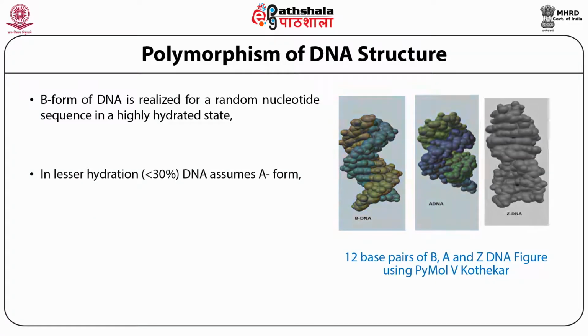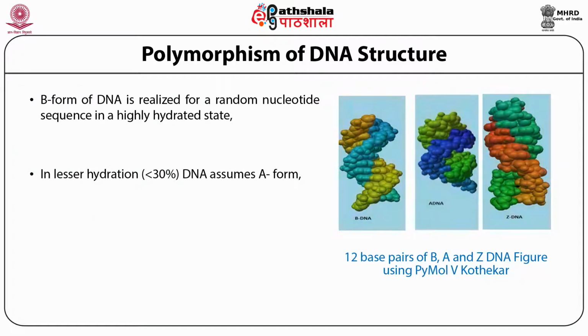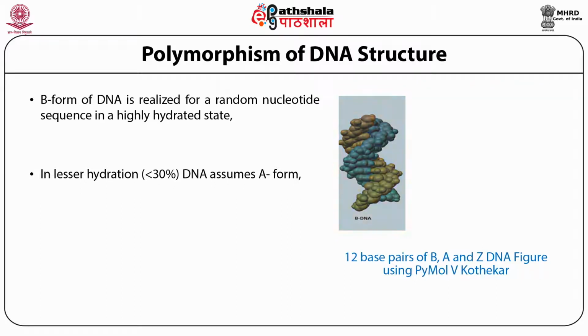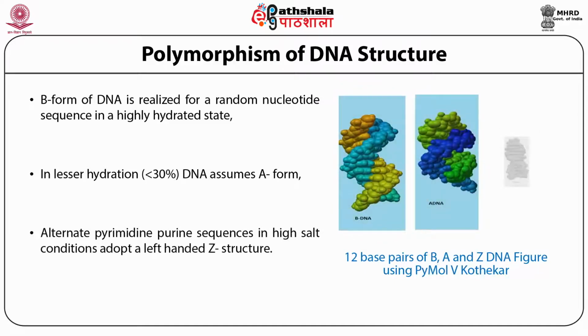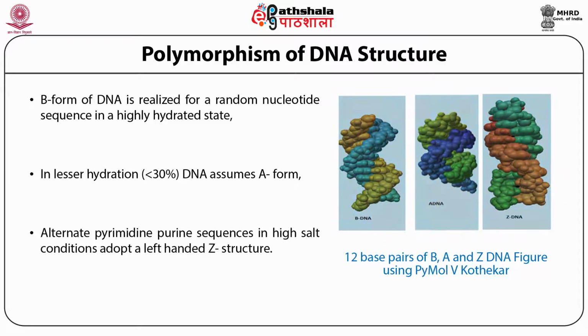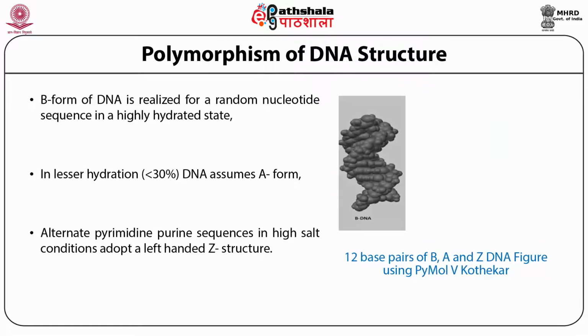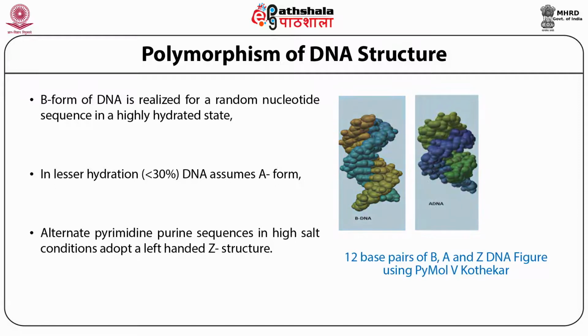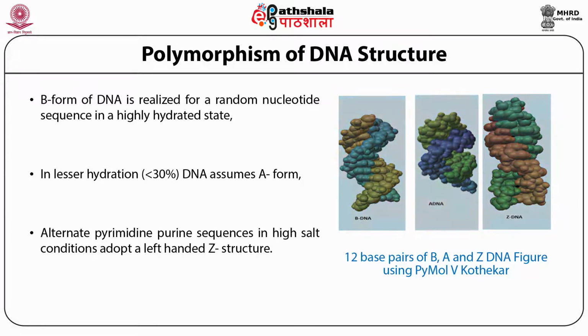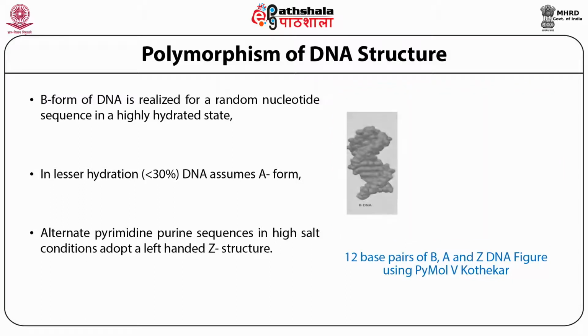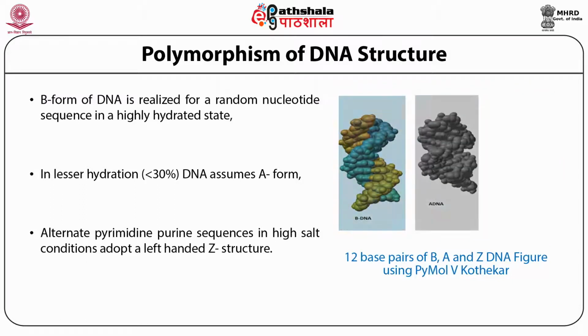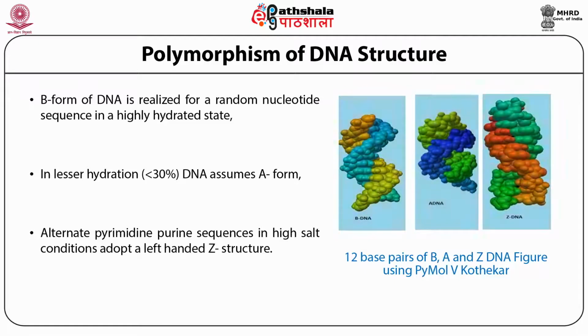In lesser hydration, say less than 30%, DNA assumes a form that is shown in the middle. Alternate pyrimidine-purine sequences in high salt conditions adopt a left-handed or a Z structure that is shown in the extreme right. As you can see, these have different heights, their grooves also have different shapes and sizes, and there are many other physical differences between the polymorphic forms of DNA.